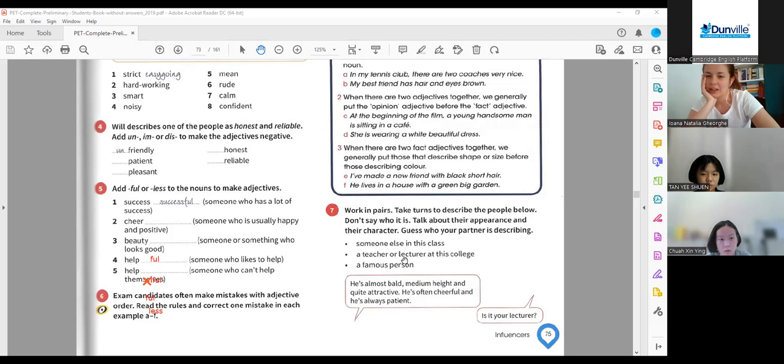Okay. He is tall and very polite and confident.